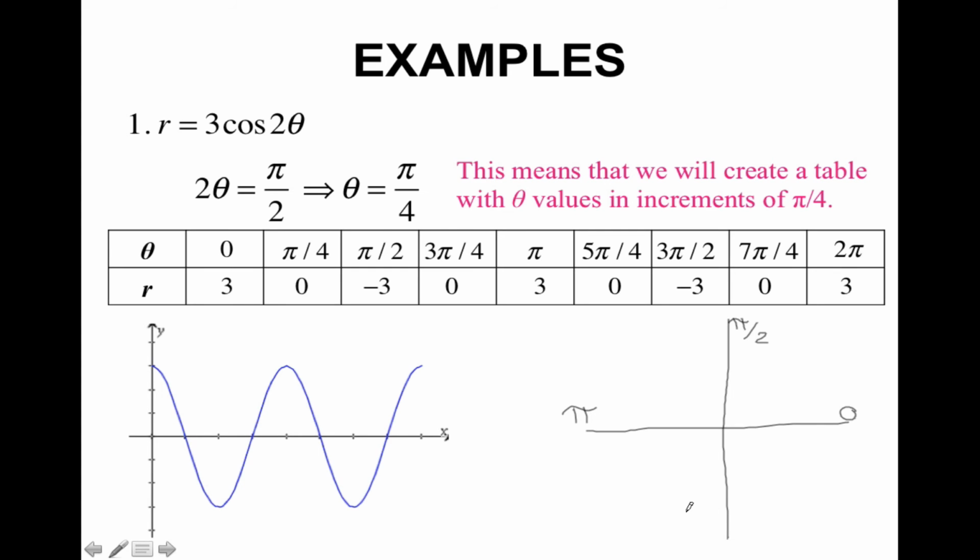And down here we have 3 pi over 2. And since my radius is staying between 0 and 3, that means the max I'm going to go on any side of the angles will be 3. So I'm just going to mark off my increments as best as I can.